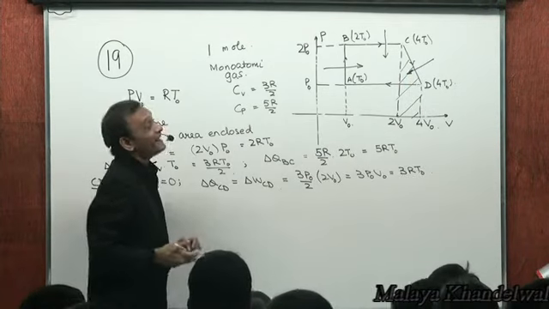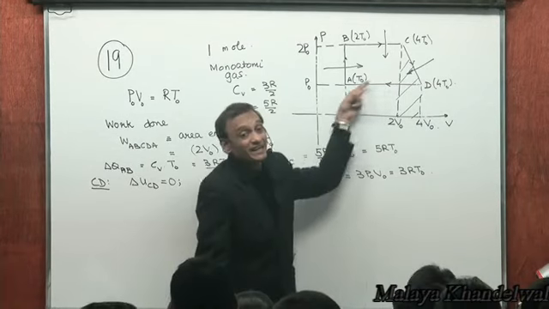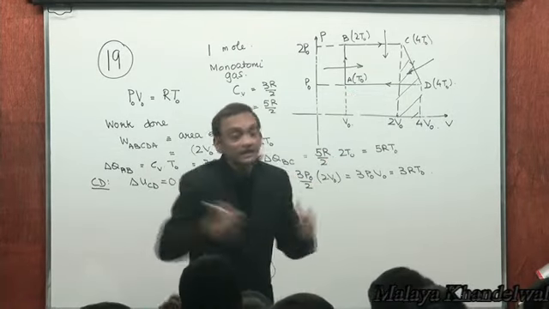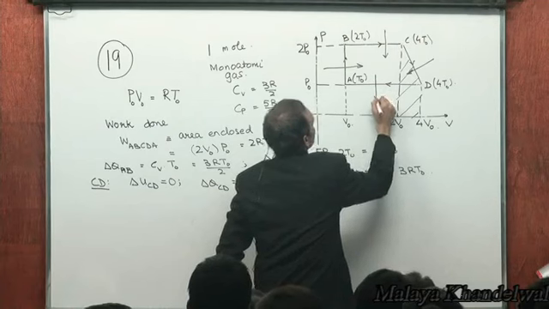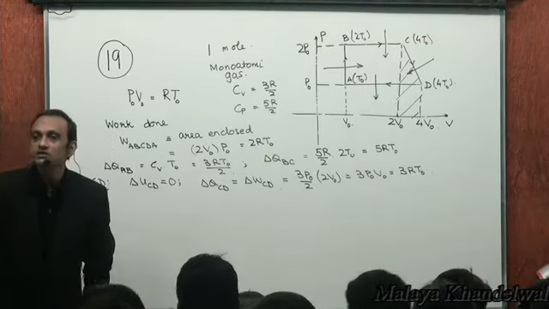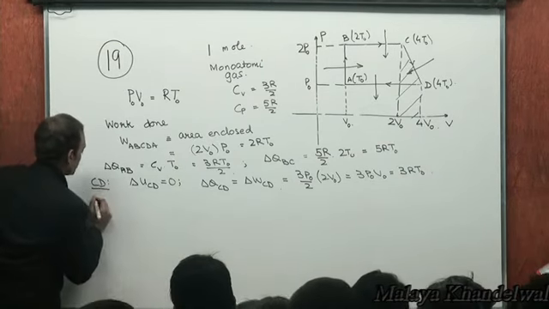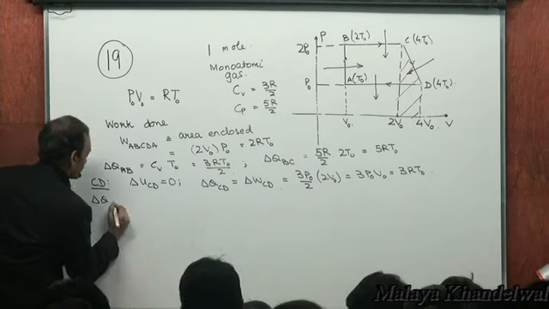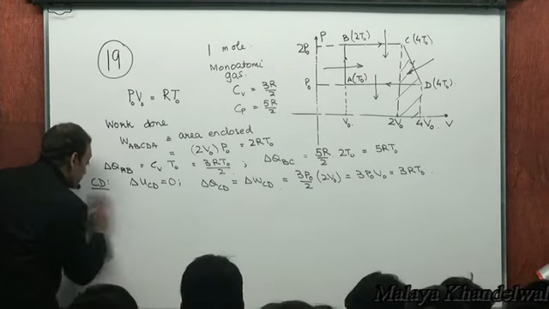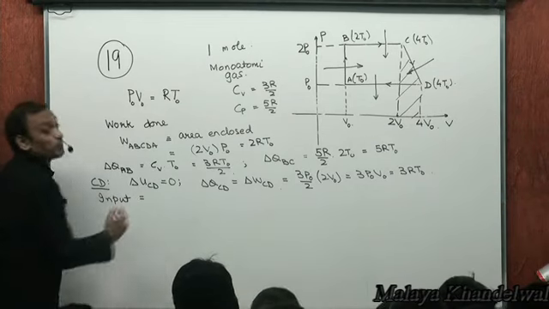So this also results in positive heat. DA is constant pressure, volume decreases, temperature decreases, heat is rejected. So this will not participate in the input. Then the input to the cycle would be the sum of all the positive delta Q's.